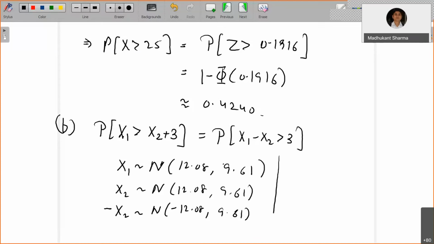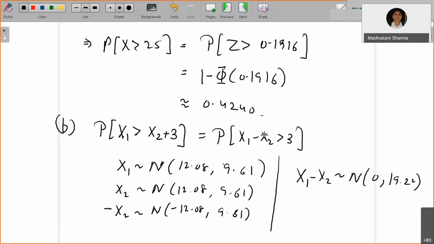Now, what will x1 minus x2 follow? They will also follow the normal distribution, with mean 12.08 minus 12.08, which is 0, and with variance 9.61 plus 9.61, which is 19.22. So the mean is 0 and the variance is 19.22.